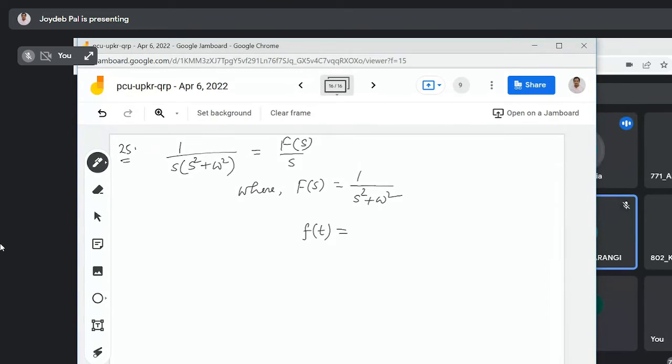Then 1 by omega sin omega t. Yes. It is 1 by omega sine omega t. The Laplace inverse of F(s), means 1 by s square plus omega square. Now it is not exactly the tabulated formula.